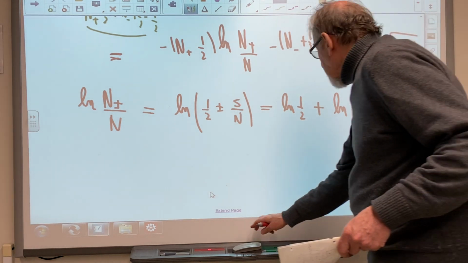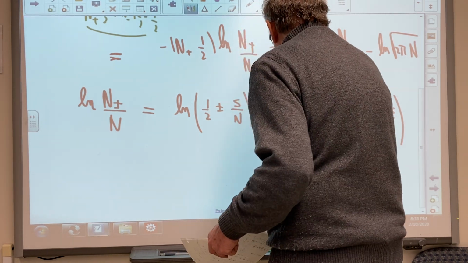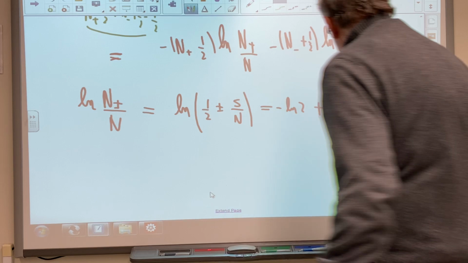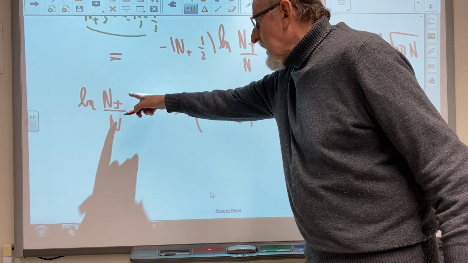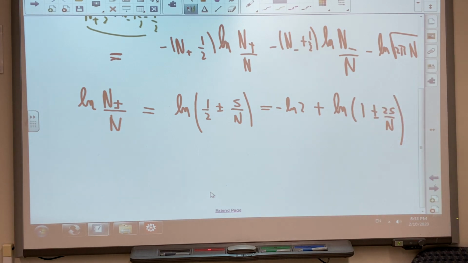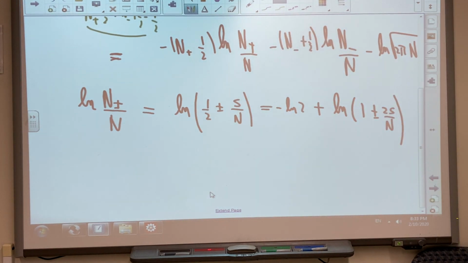And this I can write as minus ln 2. Even more. So far I am playing with numbers. Ln of n plus over n or n minus over n is any of these. So since I have these two things here, that's what I'm going to replace. So I will get, and actually at this point I can do my first expansion.